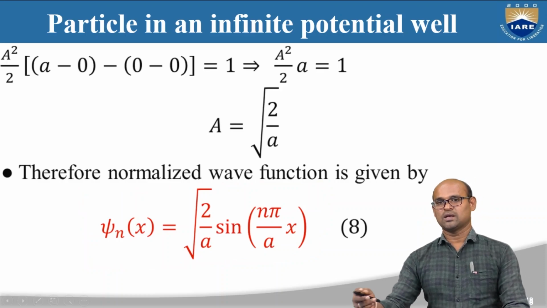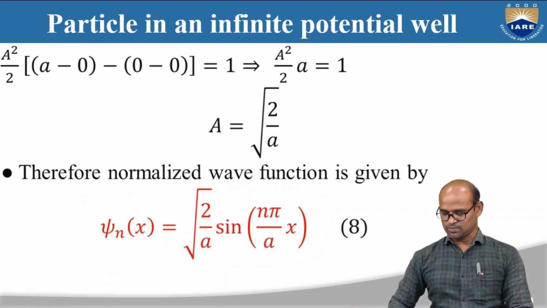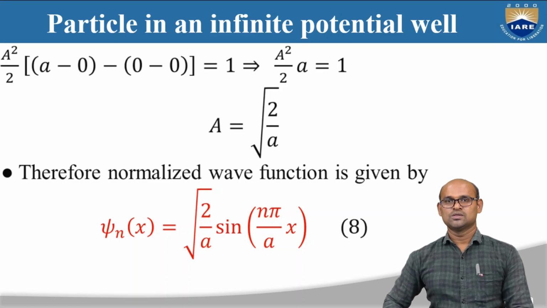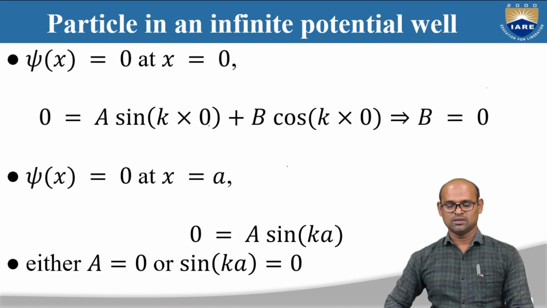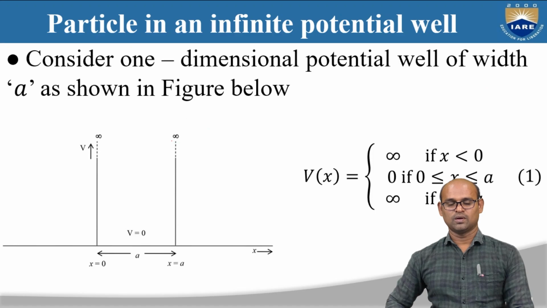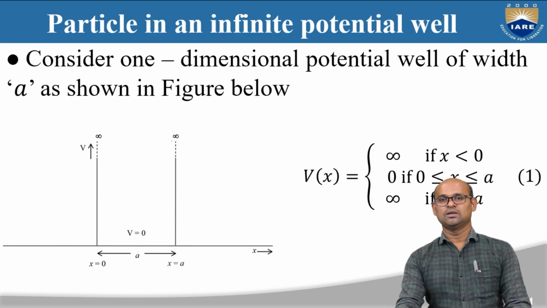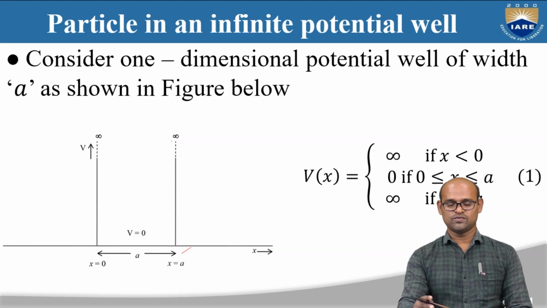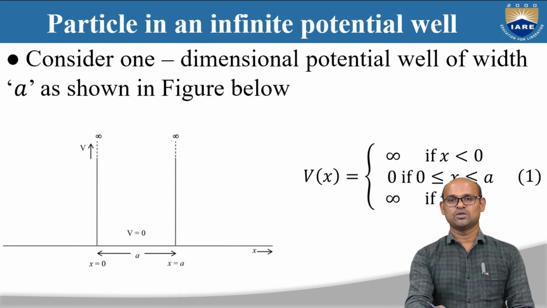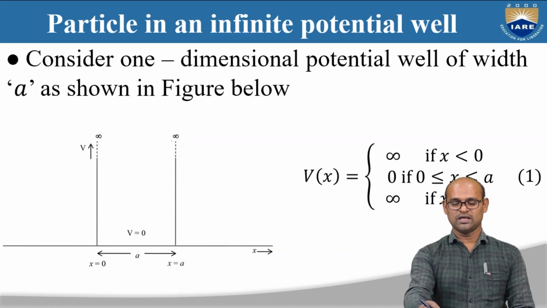So you can ask, there can be different ways of asking this question, particle in infinite potential well. So particle trapped in an infinite potential well or a 1D box, then you have to start from here. First you have to define the potential, draw this figure where V is equal to 0 inside and V is infinite at these boundaries, and length of the box is a.